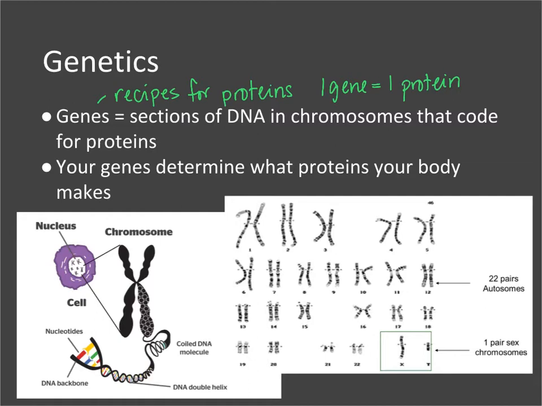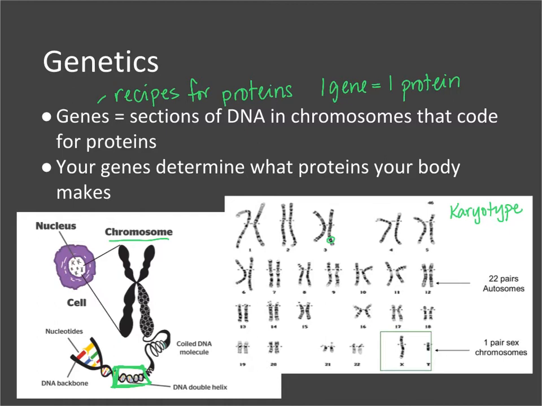Remember that your genes are just these little sections of DNA that are stored in your cells in the form of these chromosomes here. Now you can see over here, this is something called a karyotype. And this is showing all of the chromosomes in a particular individual. And you can see these bands on the chromosomes here.